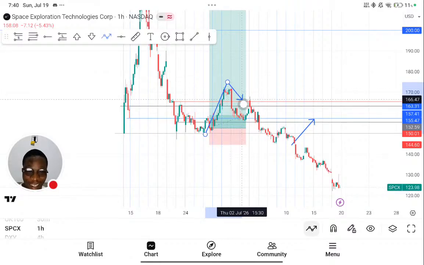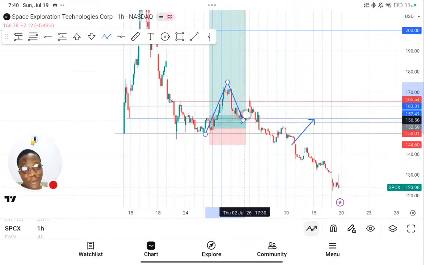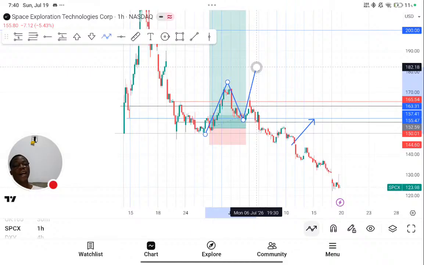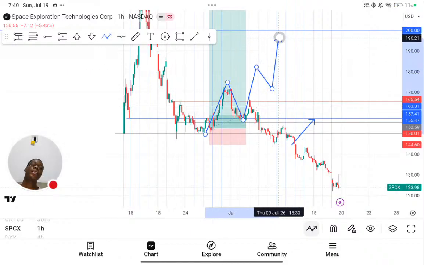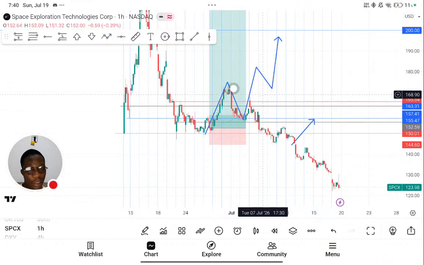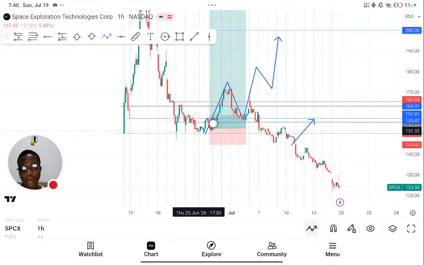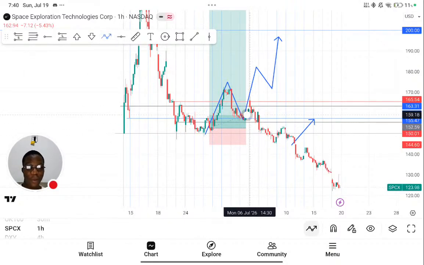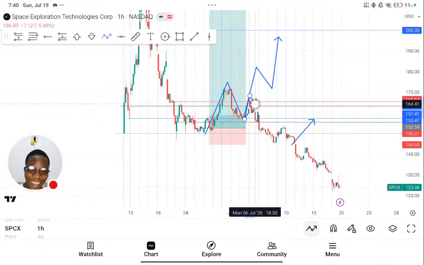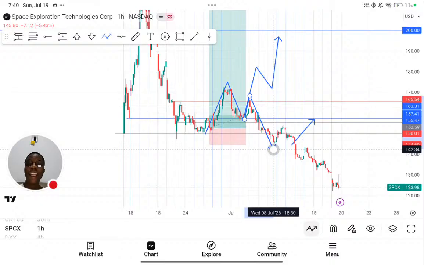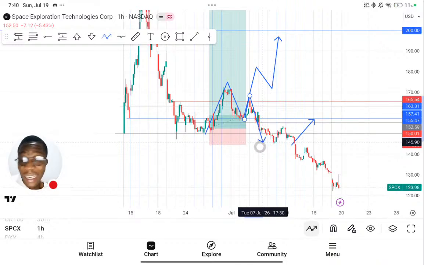Took out, came back, retested. Normally we are supposed to see another high, then come and see another high. But then someone that is an enemy of someone that is buying said, no, it's a lie. Sold in how many, only God knows how many trillion, because those guys, they sell in heavy lots.